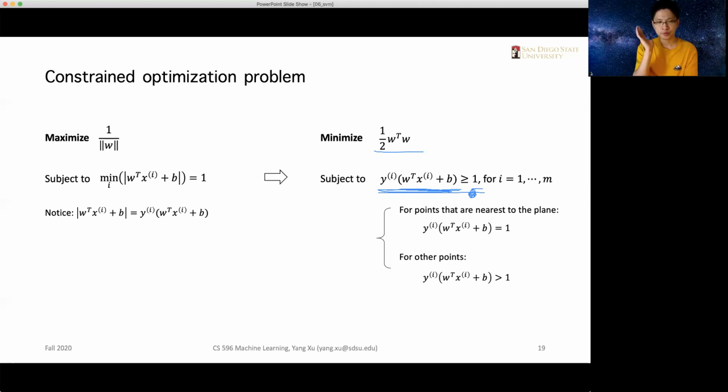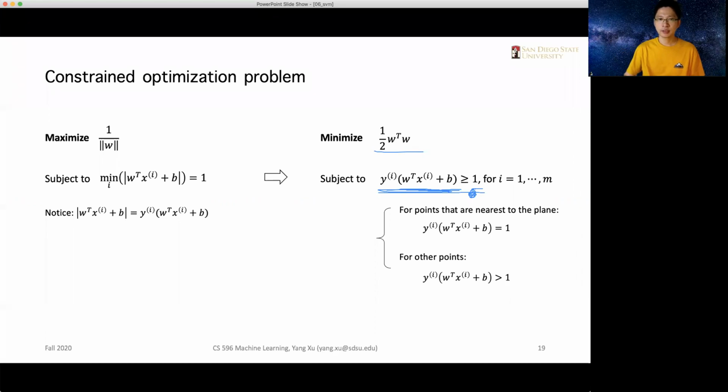Remember, in the previous class, we had a simple example showing that when the constraints are equations, it's easy to construct a Lagrangian with a Lagrangian multiplier, and we take the derivatives of the Lagrangian with respect to the original parameters and the Lagrangian variable lambda.